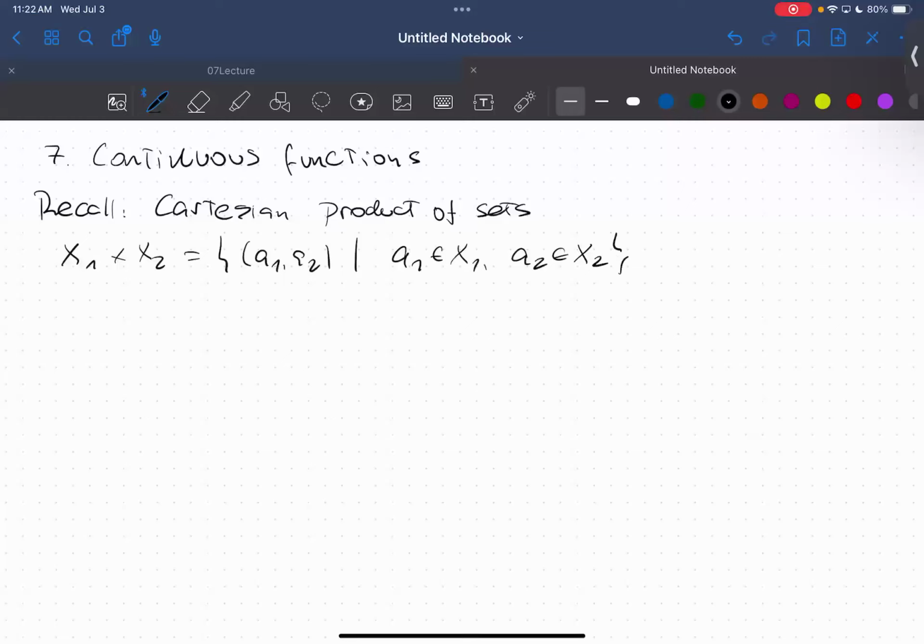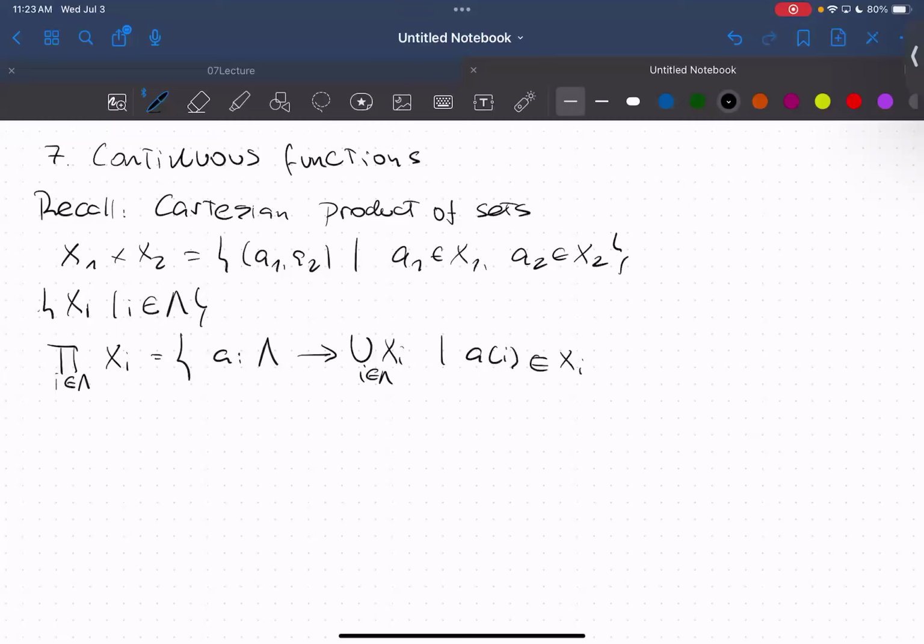That's the finite case, not very interesting, but more generally, if you have a family xi, where i is any element in an arbitrary index set, then we can define the Cartesian product of these xi's as the set of tuples, which are functions indexed by the index set, landing into the union of all xi's, where you want a at index i to be an element in the corresponding set xi.